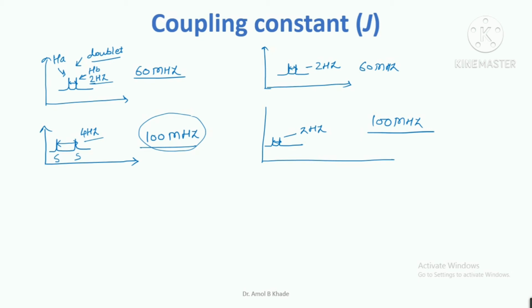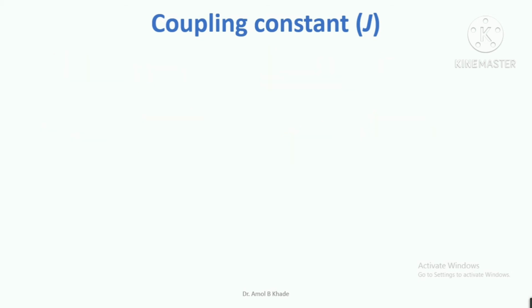That means whatever instrument specification you have, the coupling constant remains the same, it will not change. So that is again the importance of calculating J. You can differentiate whether the signal is a doublet or two singlets. That is an important application of finding out the coupling constant.